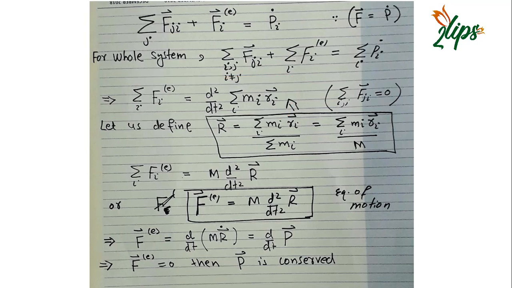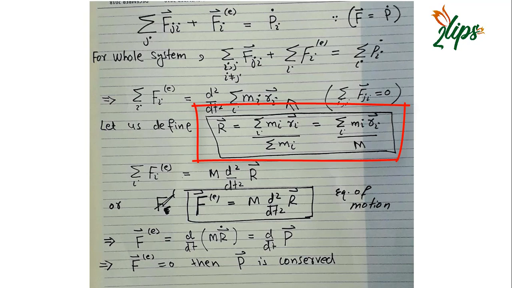To proceed further, let us define a vector. So you see, I am defining a vector in this fashion: the sum of m_i r_i over the sum of m_i. Clearly it has the dimensions of meter, or the dimensions of length. If the total mass of the system is capital M, this expression becomes this.